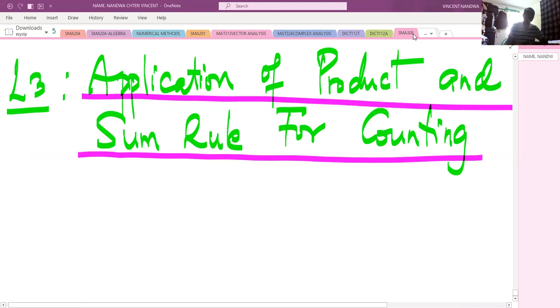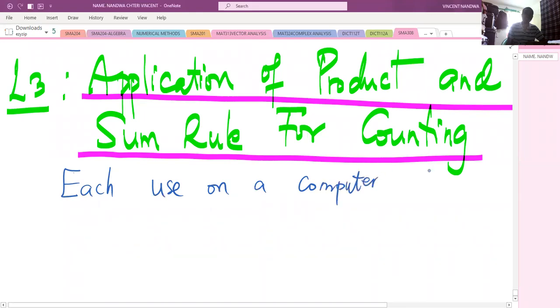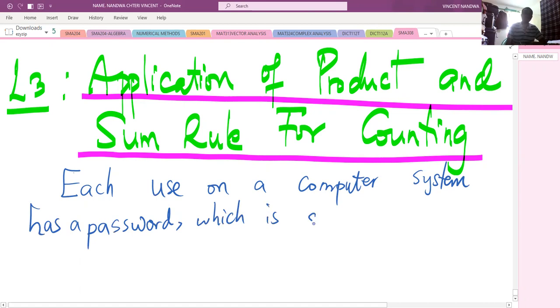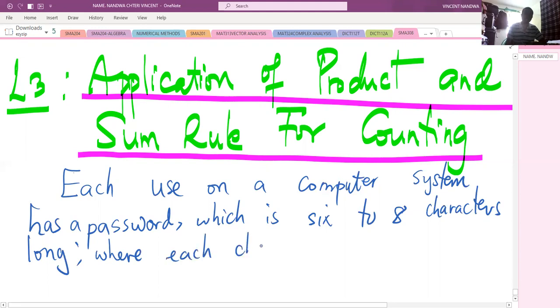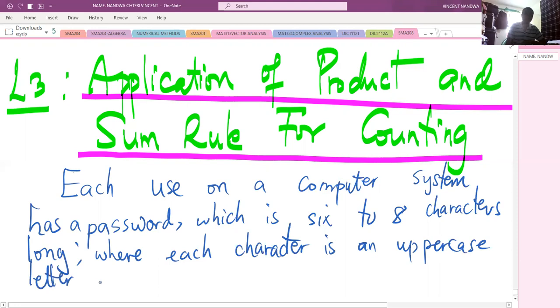So the problem says that each user on a computer system has a password which is 6 to 8 characters long, where each character is an uppercase letter or a digit.